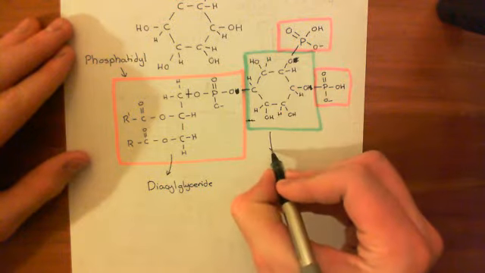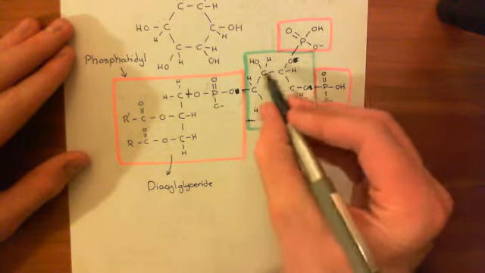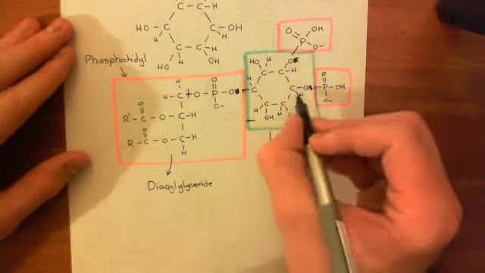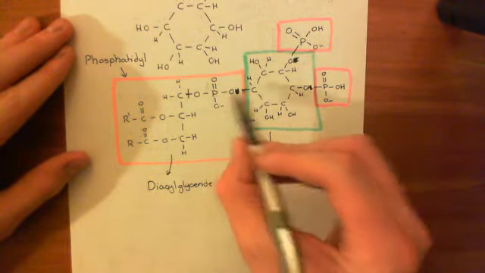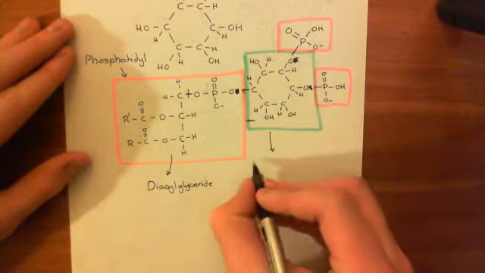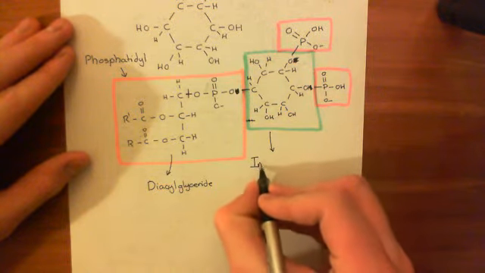And basically, that's inositol, so we're going to name it inositol something. And then we've got 3 phosphate groups, so we'll just call it inositol 1,4,5-trisphosphate.